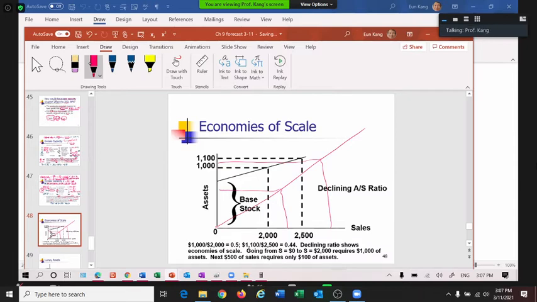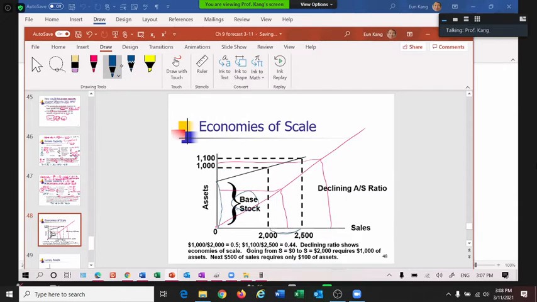But you have some, let's say, base stock, this much different color. So this much is base stock, right? Then, for you to just generate 2,000 in sales, you need $1,000, so a 2-to-1 ratio, right? $1,000 asset.